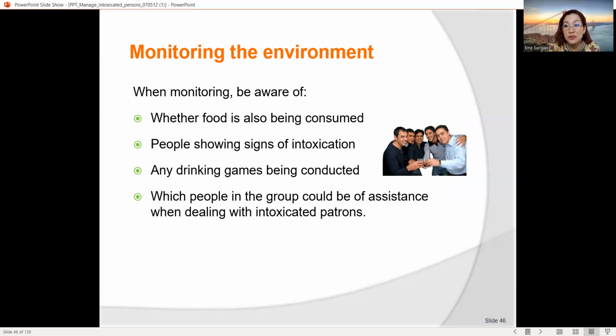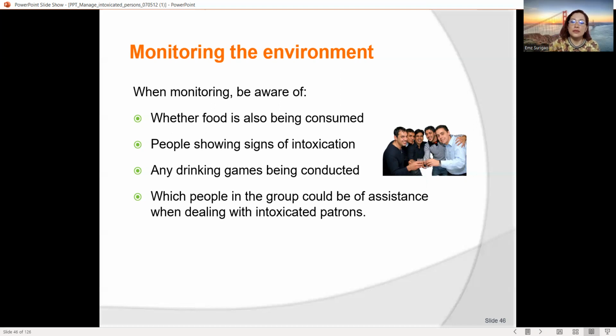Is there food together with the drink? Because on an empty stomach, the person will get more intoxicated. People showing signs of intoxication. Any drinking games being conducted. Which people in the group could be assistants when dealing with intoxicated patrons. So you need to consider all these things in monitoring.